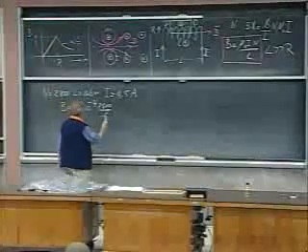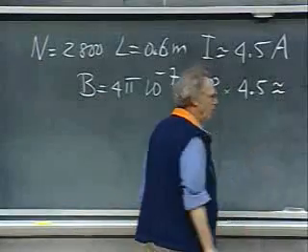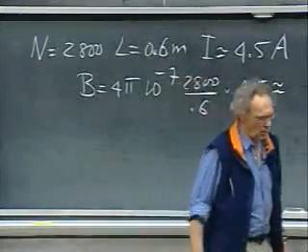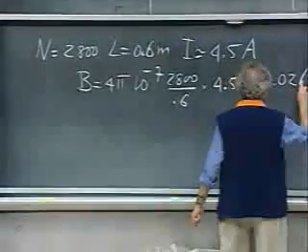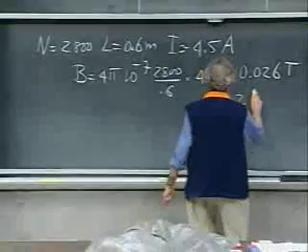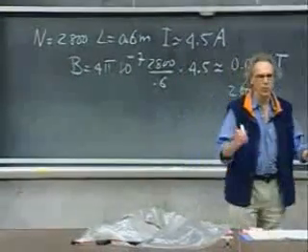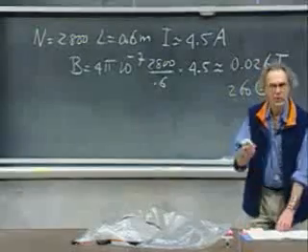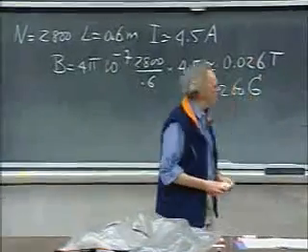And then I multiply it by the current, 4.5. And when I do that, I find about 0.026 Tesla. 0.026 Tesla, that is about 260 Gauss. And when we do the experiment, the current will be a little different, but you will see that indeed the field will be very close to 260 Gauss.